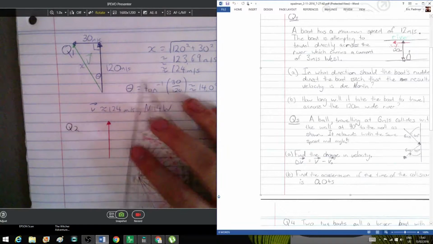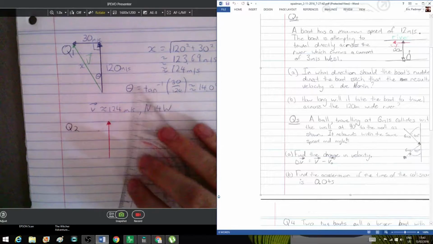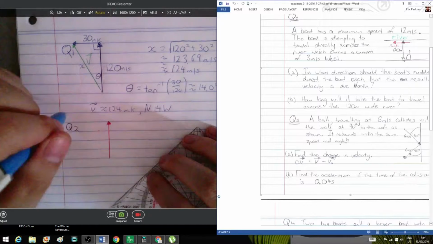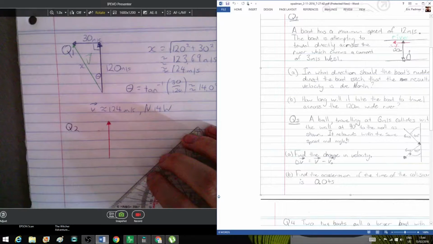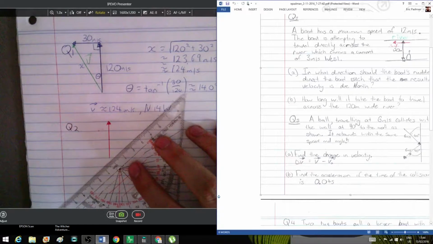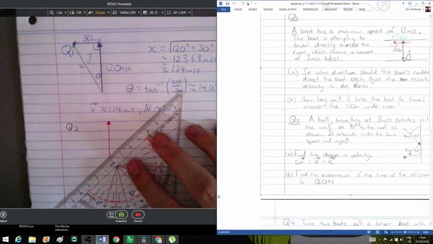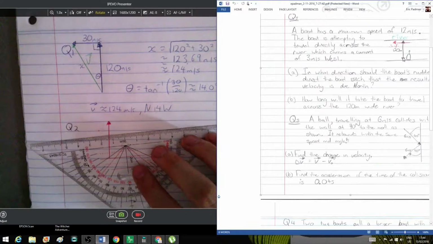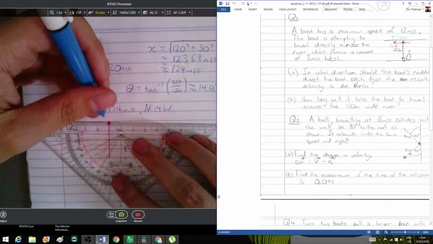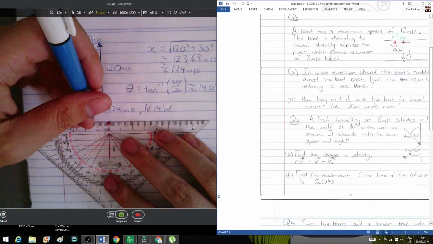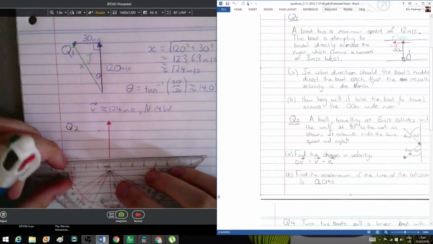Now, if the current's going to the west, basically you need to get a resultant vector like that, so you have to point the boat in a direction that way. I'm actually going to draw the second vector. In a way I could just draw it from the start.